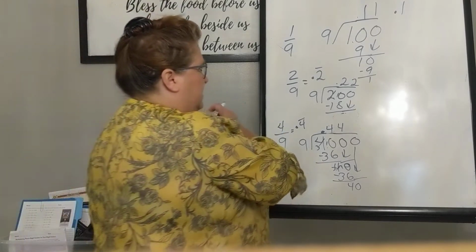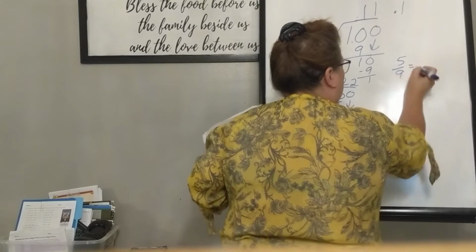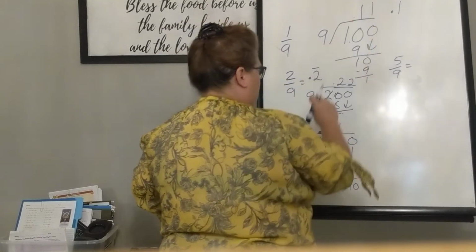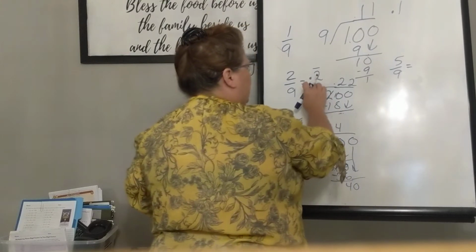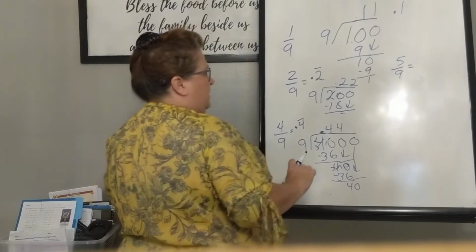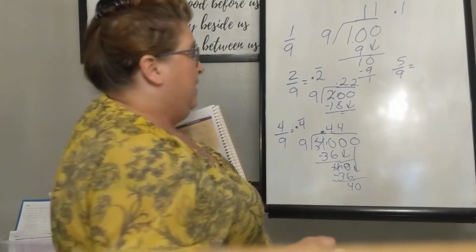Let's do 5/9 and see what happens. 5 divided by 9. Just by our pattern, 1 divided by 9 equals 0.1 repeating. 2 divided by 9 equals 0.2 repeating. 4 divided by 9 equals 0.4 repeating. 5 divided by 9 is probably going to be 0.5 repeating.